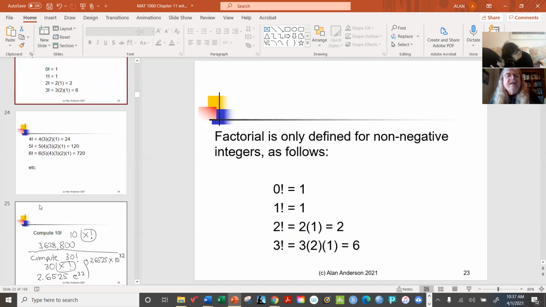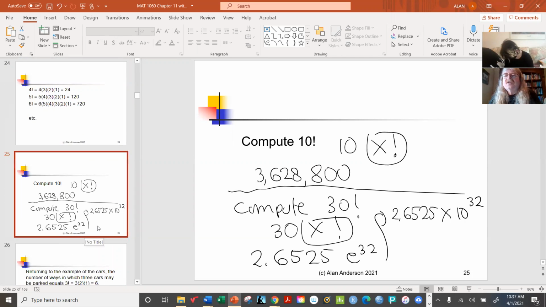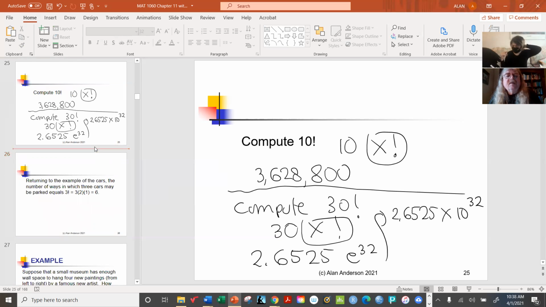If we were so crazy rich that we had a 10-car garage, we would have 3,628,800 different ways of parking those 10 cars. So that's kind of big. You also remember we watched a video about how many ways there are to arrange a deck of cards, and that number was absolutely astronomical.